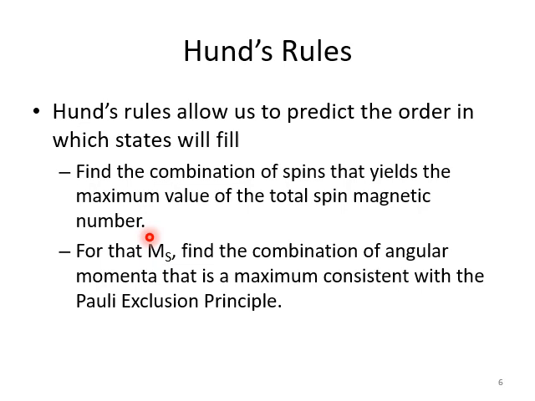And when that happens, the electrons spend time further apart, and as a result, the Coulomb repulsion or the Coulomb energy for the system decreases.